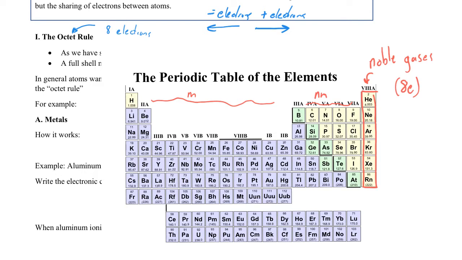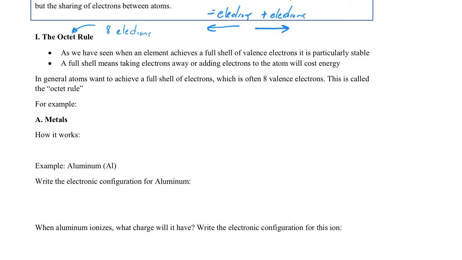So let's write all of this down, and then let's look at an example writing out all of the electrons for aluminum. How the octet rule works with metals is that metals lose electrons, right? They lose some number of electrons to achieve a noble gas configuration.